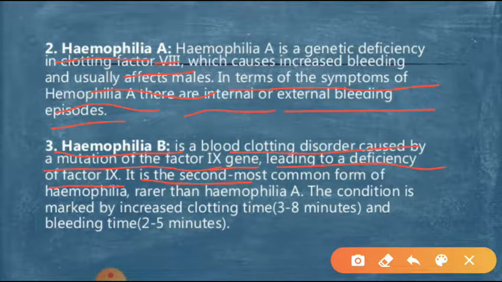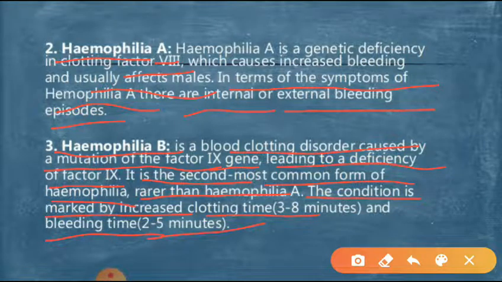It is the second most common form of hemophilia, rarer than hemophilia A. The condition is marked by increased clotting times, that is 3 to 8 minutes, and bleeding times, that is 2 to 5 minutes.